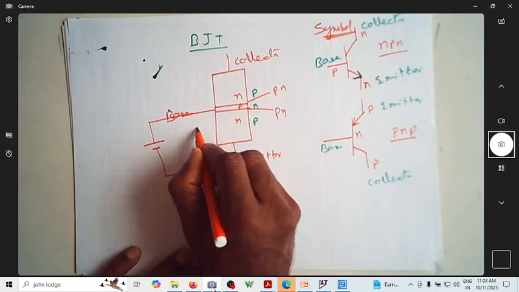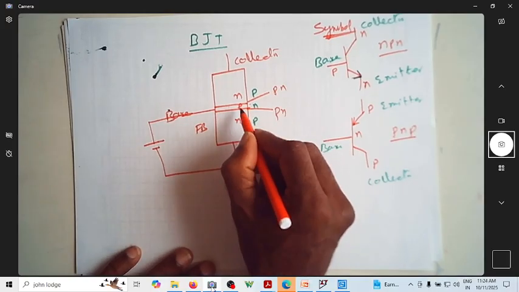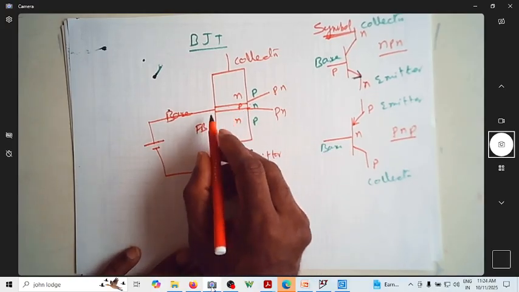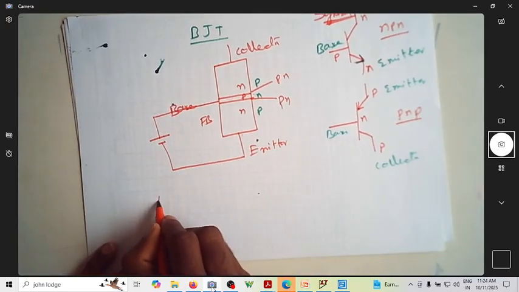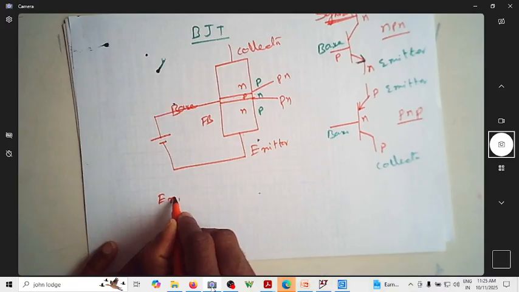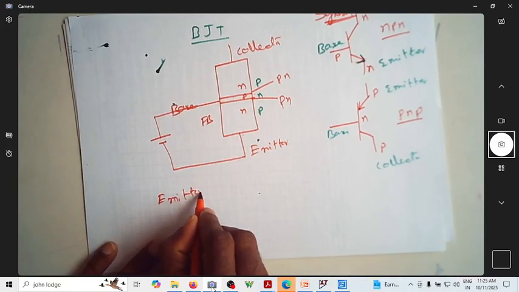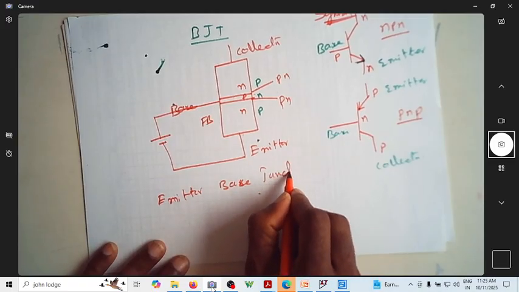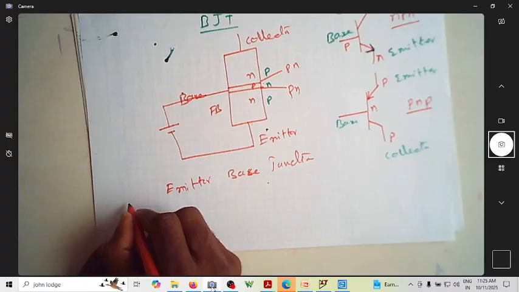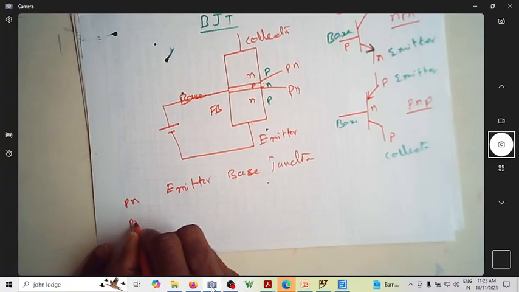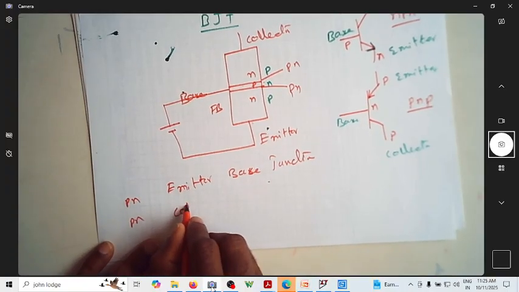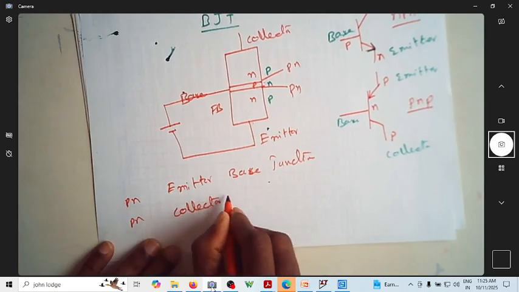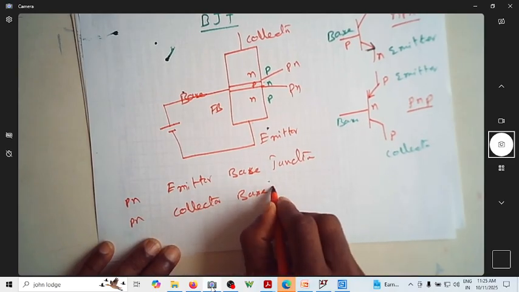So this is like forward bias. So you have a junction which is base and emitter. I can say there is an emitter base junction, and there is another PN junction, which is the collector base junction.